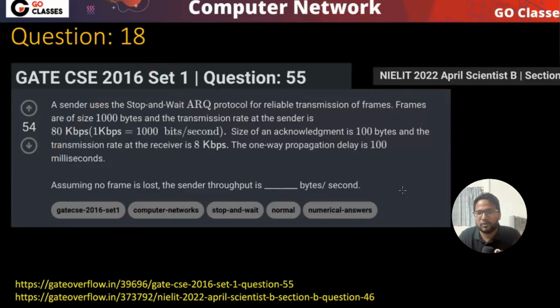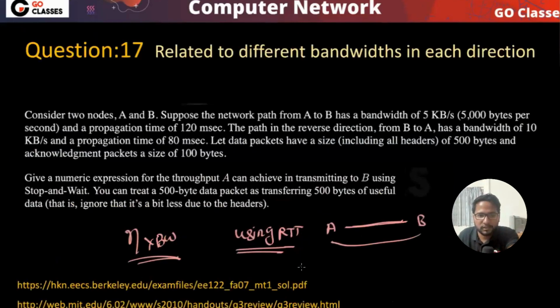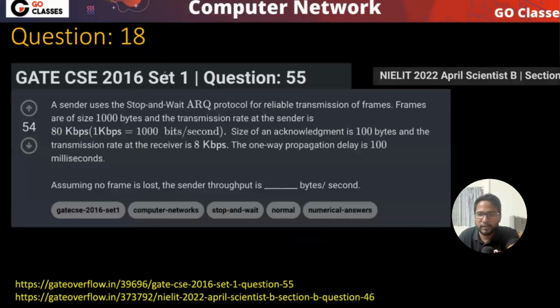There's a very low chance. Maybe I can see the year. Actually, that is also there in the Berkeley University. So if you check, that is in the fall 2007. That in the Berkeley University, it was in 2007. And here it is in 2016. So they have copied it directly.